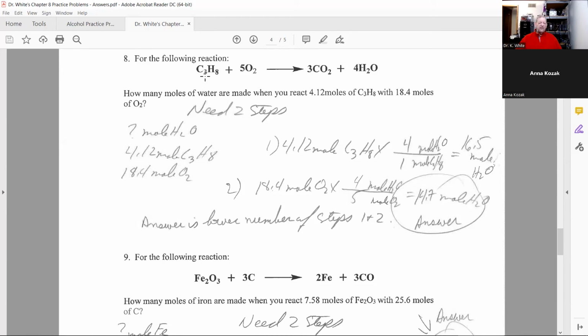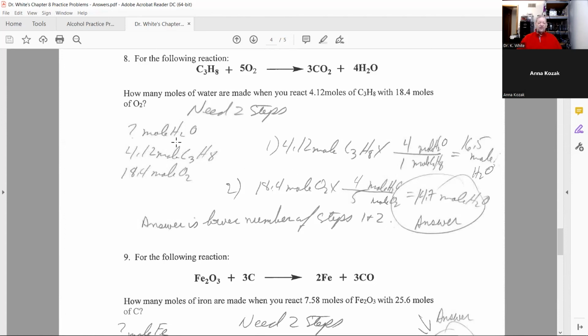And 1 mole of C3H8 makes 4 moles of water. Again, the coefficients are molar relationships. These are exact numbers. This is 3 significant figures. Here's my answer to 3 significant figures.